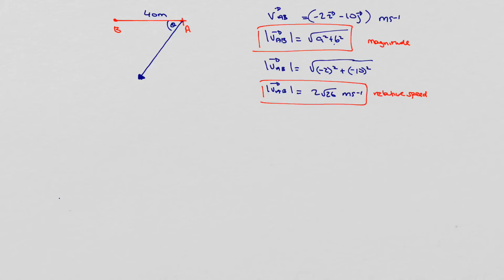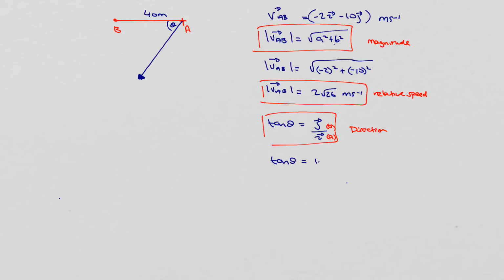For my direction, tan theta is our j over our i, or in other words, our opposite over our adjacent.